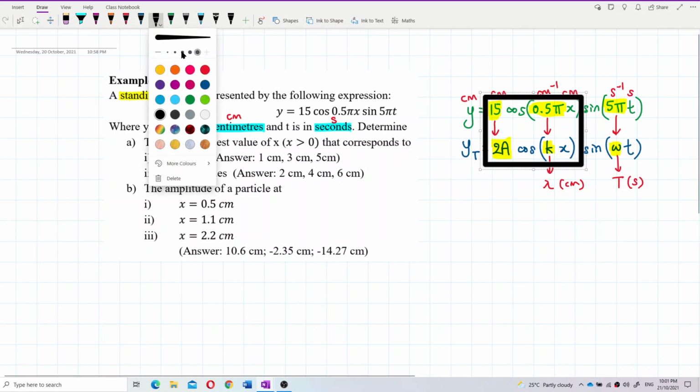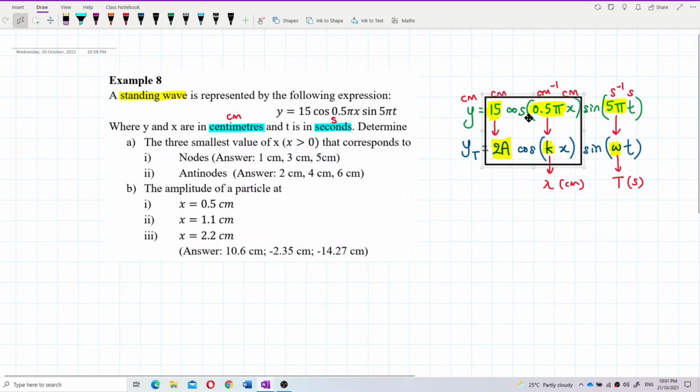Make it smaller. Why am I drawing this part? This is actually called the amplitude formula.